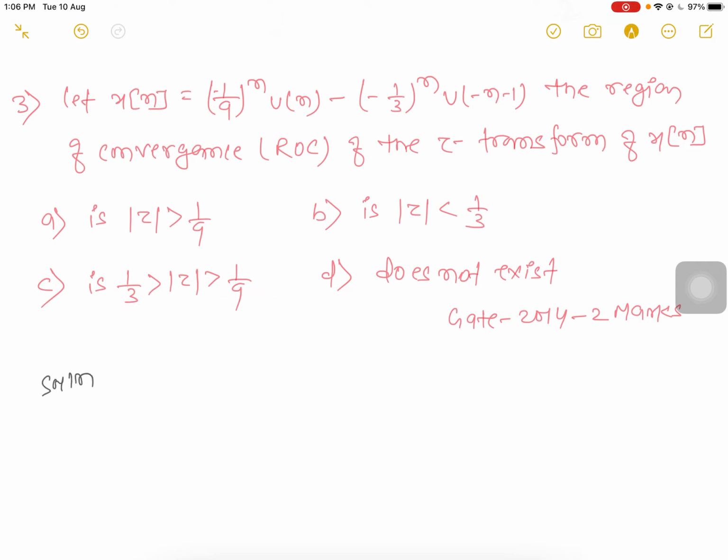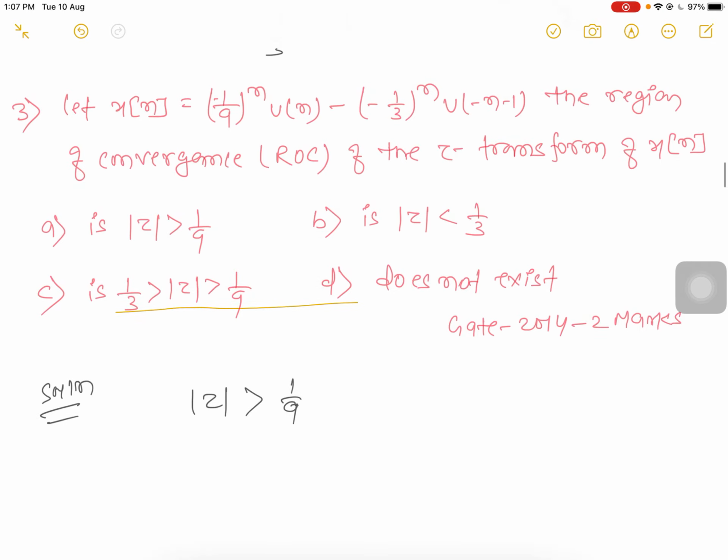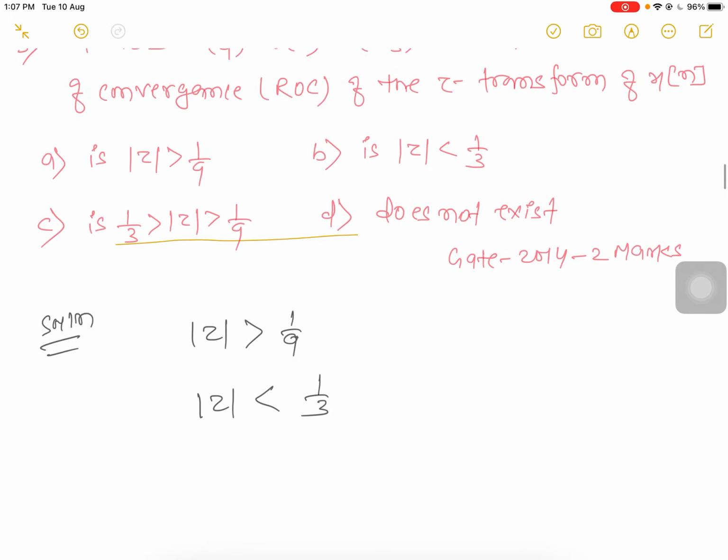For right-handed, check it, mod z greater than 1/9, and for left-handed, mod z less than or equal to 1/3.